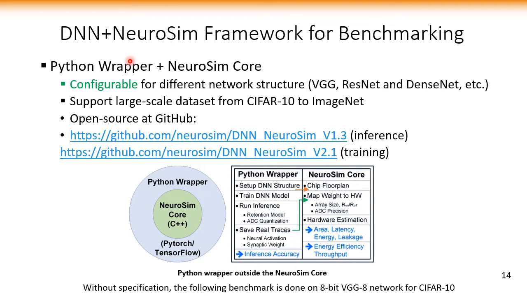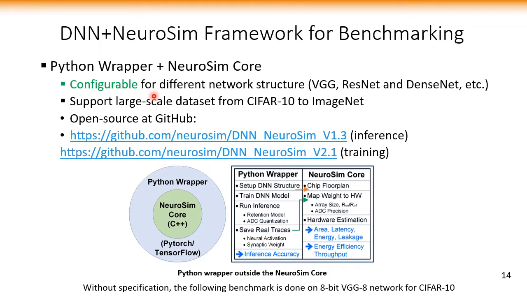Essentially, this is a framework made in Python wrapped with the NeuroSim core in C++. The NeuroSim core is our in-house simulator to estimate the energy, latency, and chip area of the circuit performances. And then this is wrapped around with the PyTorch or TensorFlow machine learning packages.